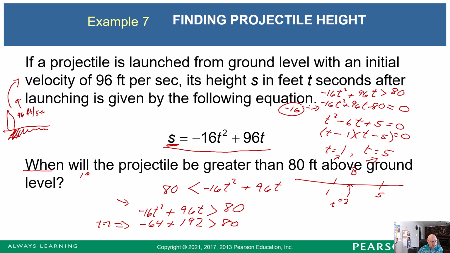So 192 minus 64 is what? 128. So you've got 128 is greater than 80. Oh, how about that? This was the right region for the solution.